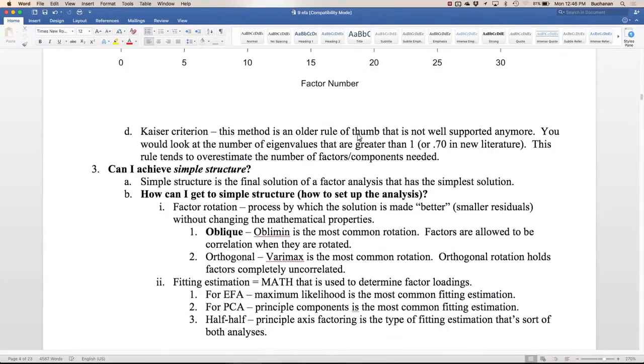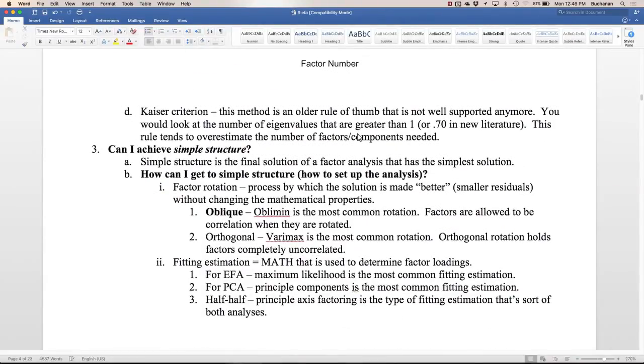The last one, which I don't totally recommend using, but we'll still talk about, is the Kaiser criterion. It's an older rule of thumb. Some people still use it, some people don't. Okay. And it's the number of eigenvalues that are greater than 1. It's the old rule. The old new rule is 0.7. I don't know. I don't understand it.